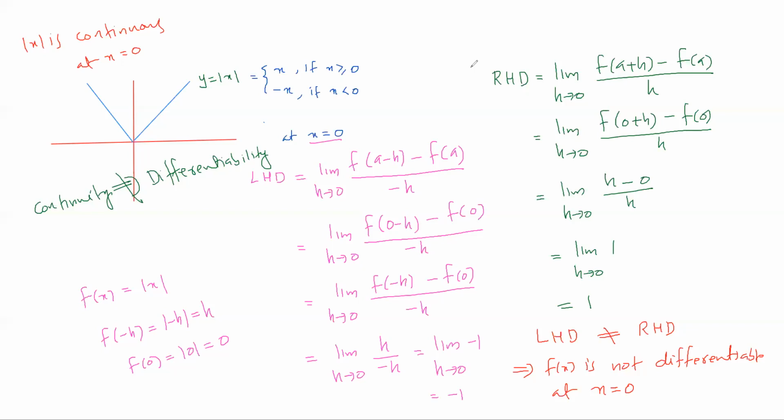This mod x is an example, and I will tell you one more thing about where it is not differentiable. At a sharp edge or sharp turn like a V, at that same point the function is not differentiable, the derivative does not exist, because there is no unique tangent at that point. If you place a finger crossed there and put a pen on top, you can move it in any way. I will explain that more. For now, at that sharp turn the derivative does not exist, and the derivative does not exist because the slope of the tangent does not exist, and the slope of the tangent does not exist because there is no unique tangent.